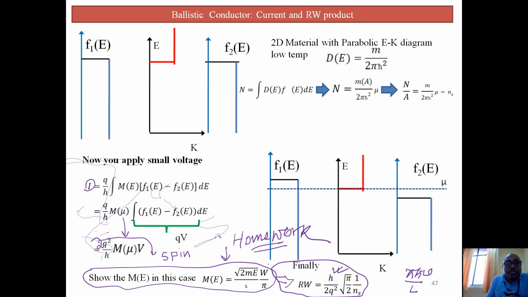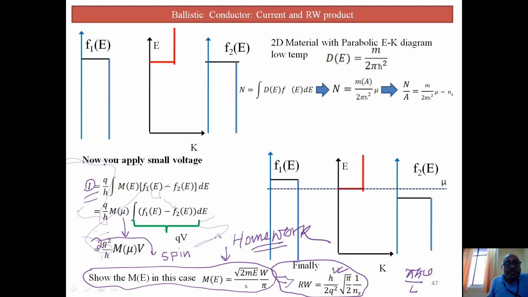So this portion, I think I have covered the ballistic part. The most important part is how to calculate current. You know what the current is and all these things. If you calculate RW, R means resistance, and what is the resistance? Can you tell me? Resistance is equal to rho into L by A. What is rho? Rho means resistivity, and you know the conductivity. So all these things you know, right?